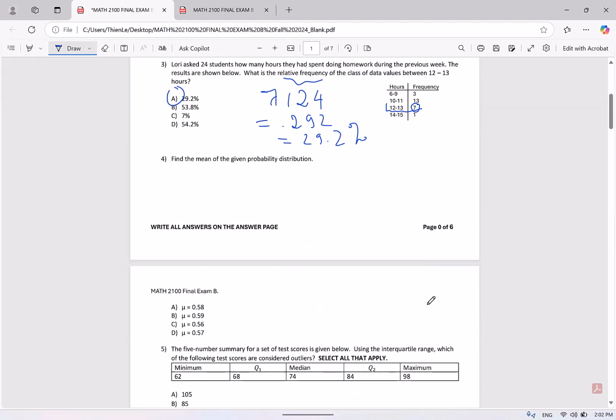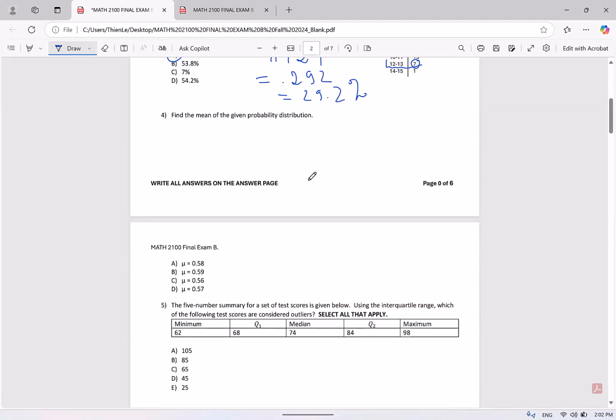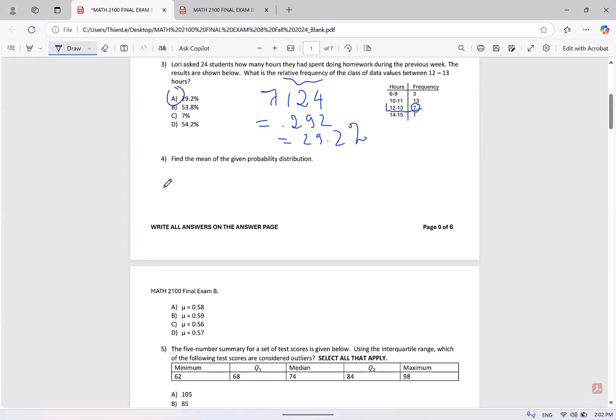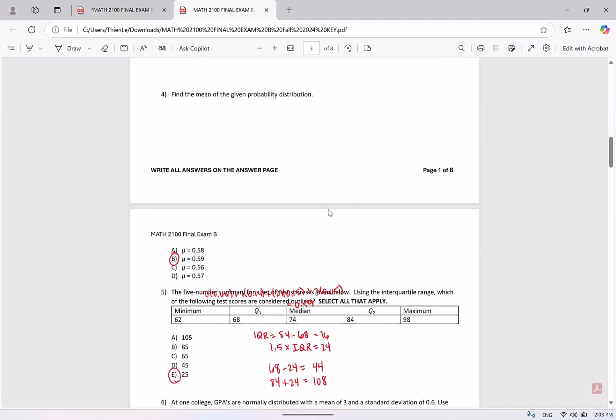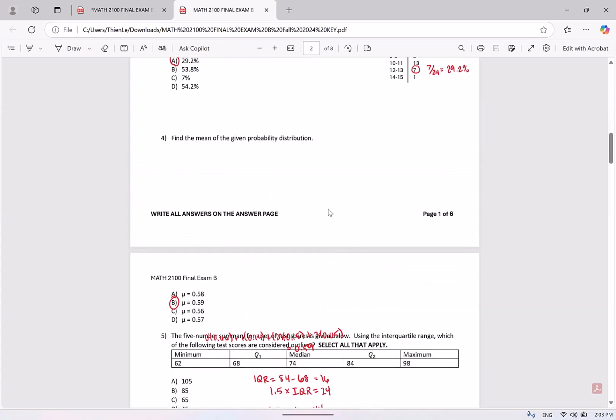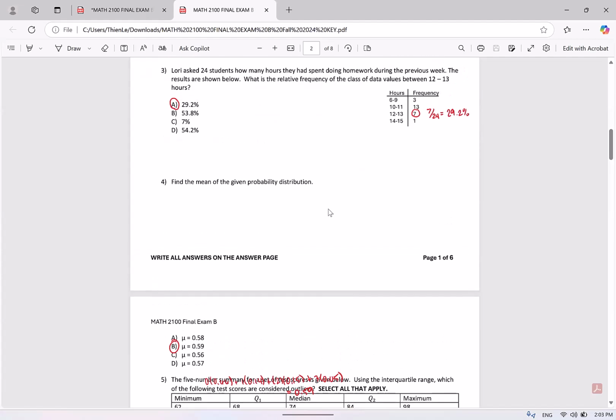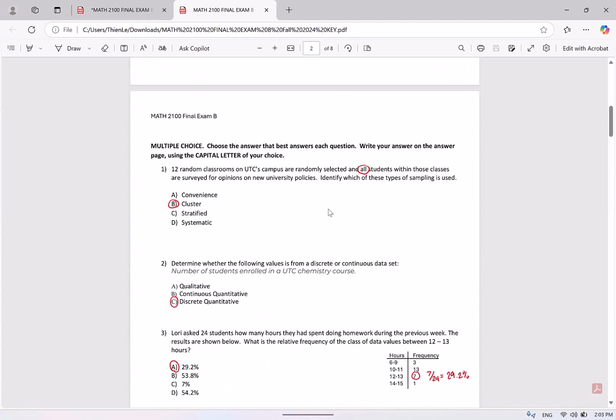Next, find the mean of the given probability distribution. I think we missed the table somewhere. I believe on this page we should have a table. What is the table? I think we do have the table somewhere.